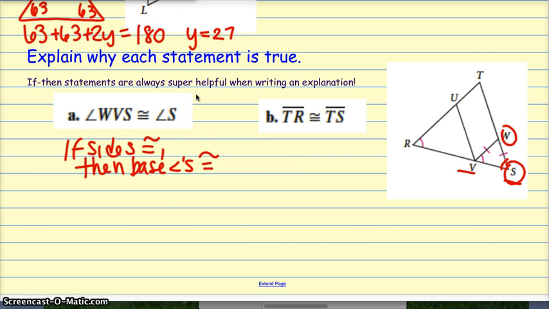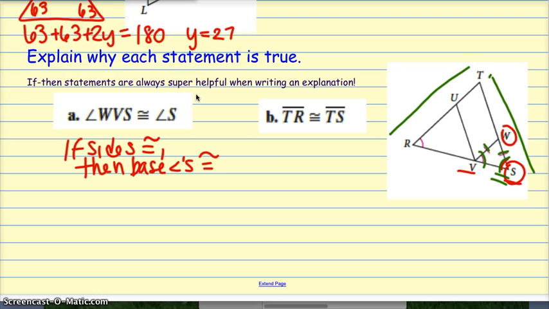Next one says, explain why TR, this whole side, is congruent to TS, that whole side. Well, I'm going to look at the markings. This angle down here with this single mark, I repeated the single mark on the other side because I could figure out that they were congruent using the if sides then angles.